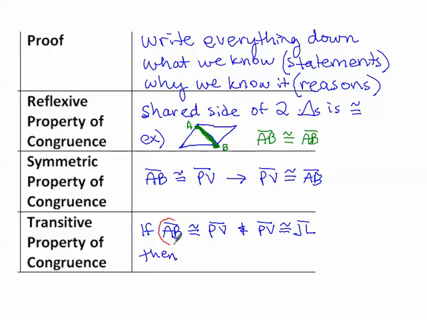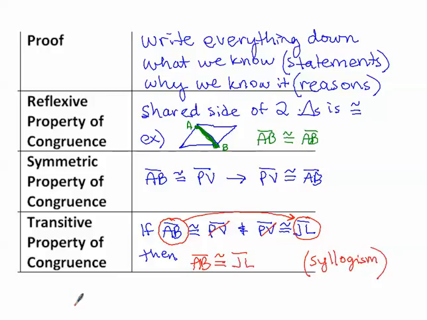We take the beginning and say it's congruent to what's at the very end, because both of these are congruent to PV. Very much like which law that we talked about in logic? Yeah, like the law of syllogism, but with symbols instead of words.